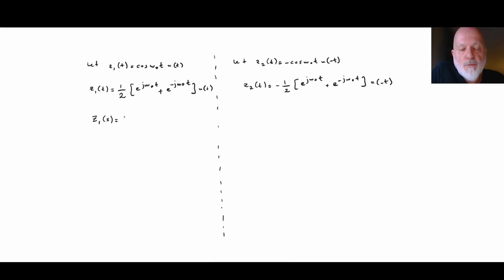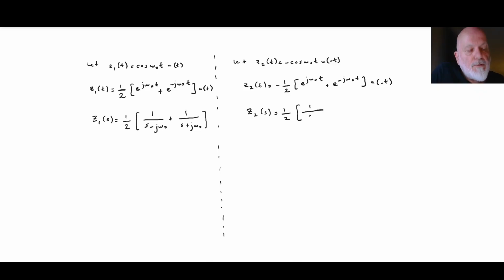So z1 of s is equal to 1 over 2 times 1 over s minus j omega 0 plus 1 over s plus j omega 0. And z2 of s will exactly be the same expression, 1 over 2 times 1 over s minus j omega 0 plus 1 over s plus j omega 0.